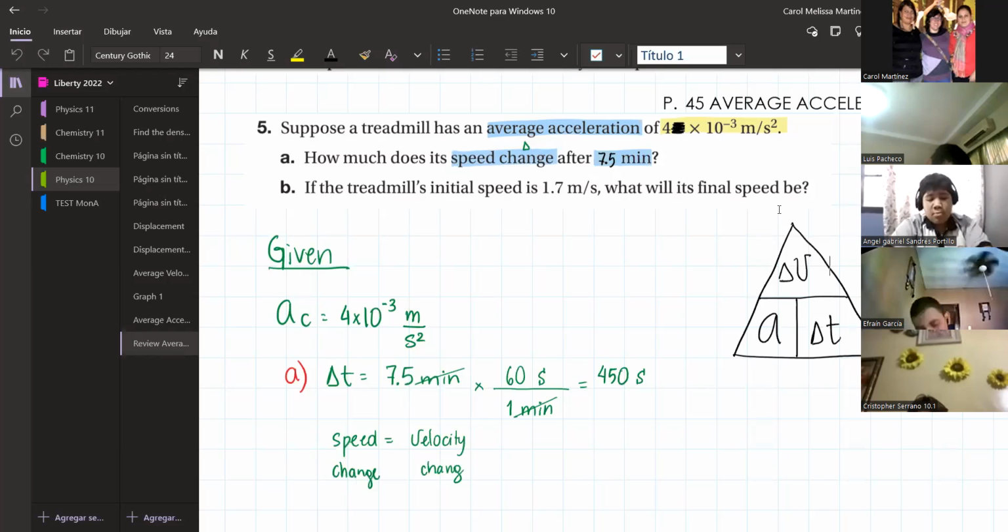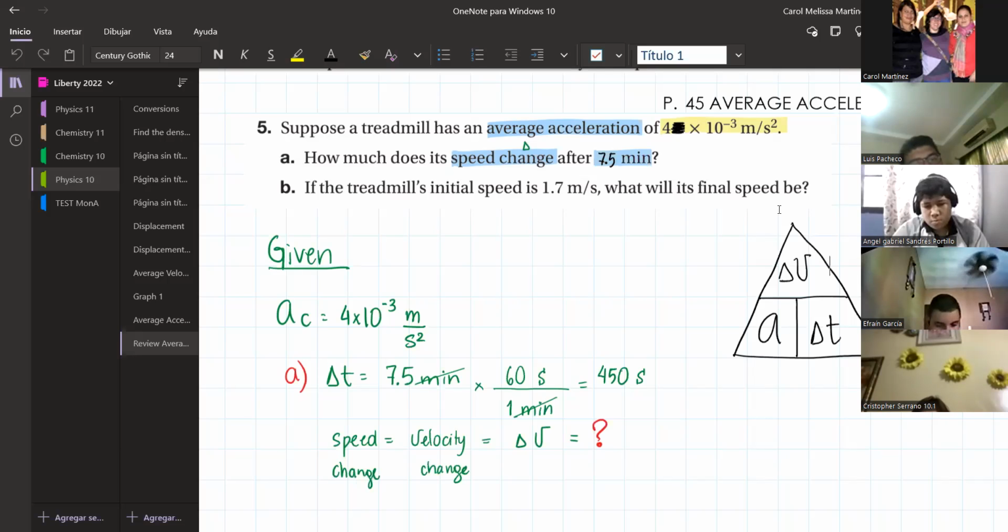And how do we write a velocity change? Change is delta and velocity is v. So delta v. The problem is asking me, what is delta v? This is going to be my unknown in part A. I don't know what delta v is, so I need to find it.